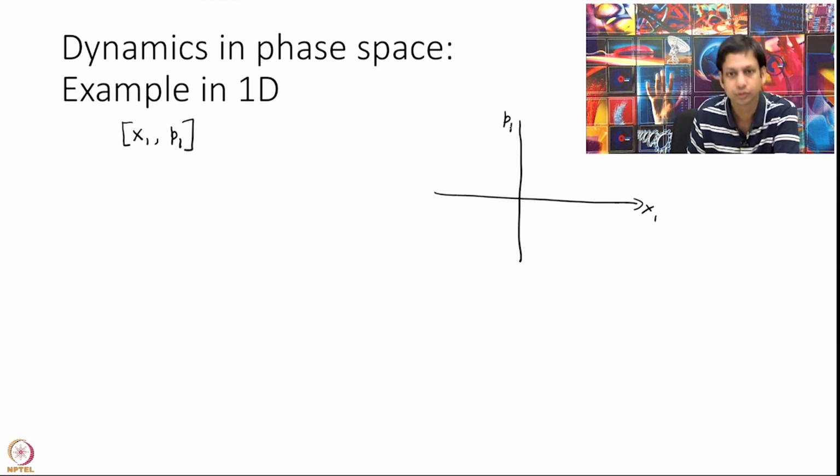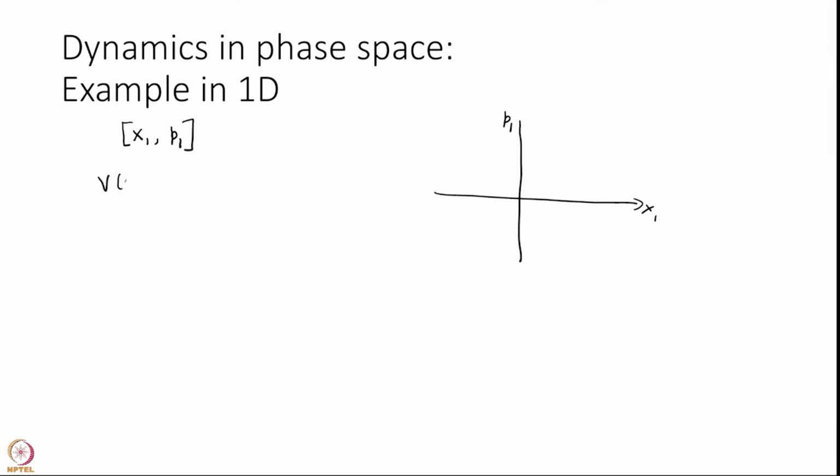Let us imagine my potential is that of a harmonic oscillator. Okay, so that is how my potential is given for a harmonic oscillator. It is half m omega square x1 square, where omega is the frequency of the harmonic oscillator. Alright. I actually know the solution of this.